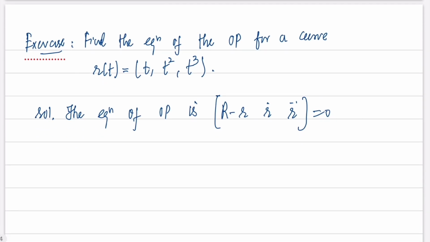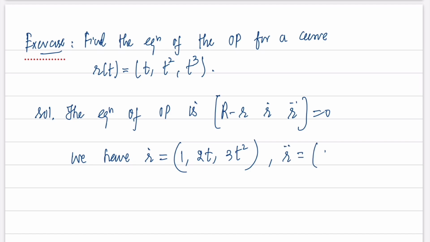Now, as r is given as t, t square and t cube, we have r dot equal to 1, 2t, 3t square, the derivative of all three coordinates. Now r double dot, the second derivative, is 0, 2, 6t.